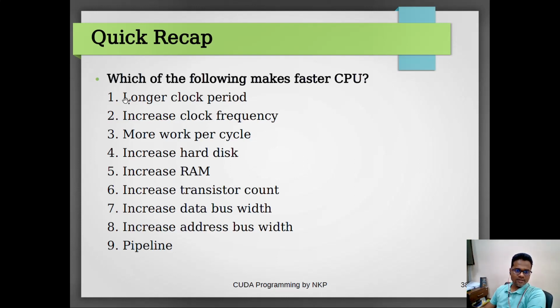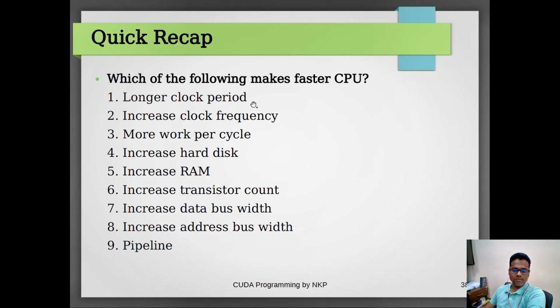So we have 9 parameters here. Take the first one, a longer clock period. The question is whether a longer clock period increases the performance of the CPU or not. If you recall, I said a faster clock frequency indicates a faster CPU. But here we are talking in terms of period or time.